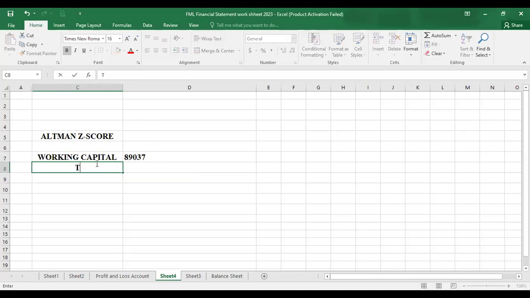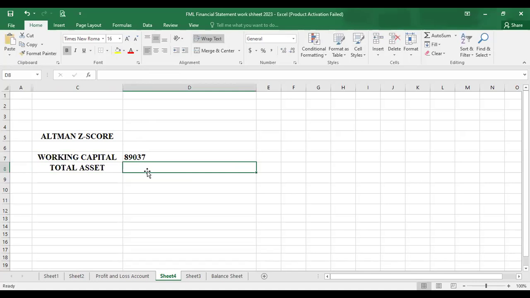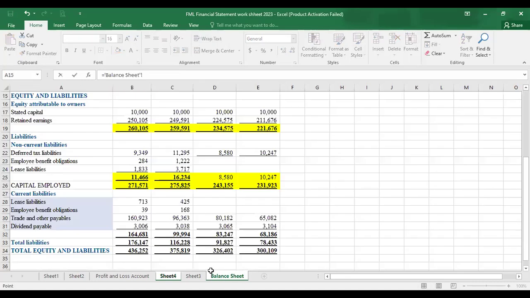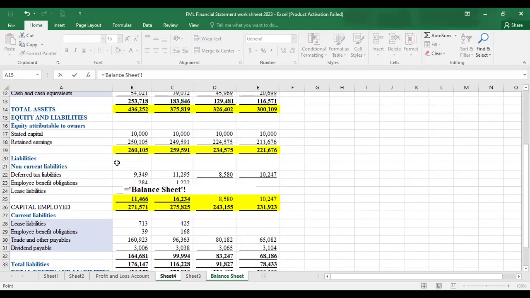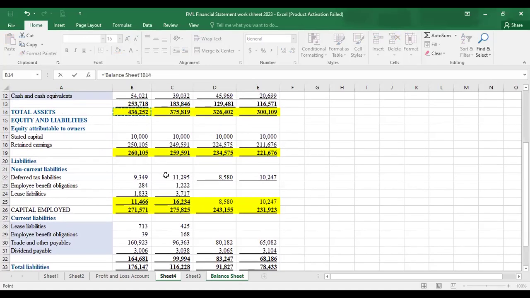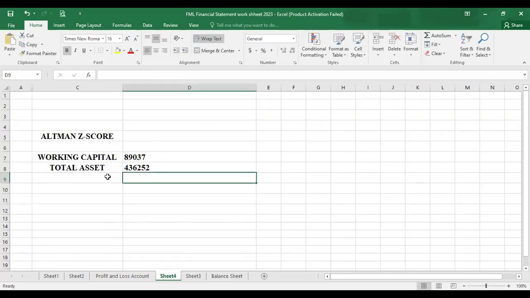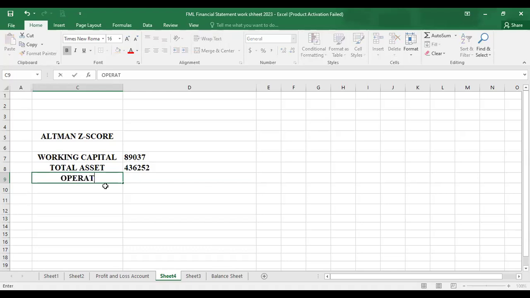The total assets, I want to pick the value from the balance sheet. The total asset for 2020 is 436,252. Then we would also need operating profit. Operating profit we will get from the statement of profit and loss.